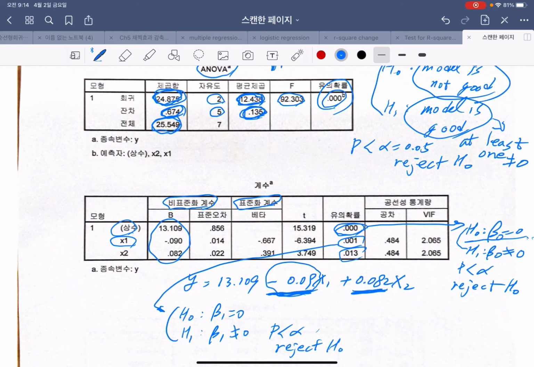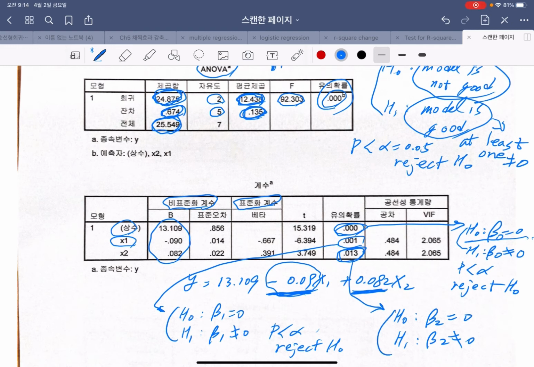Now, what about this one? In this case, the null hypothesis is about the coefficient of the x2 independent variable. So beta 2 is equal to 0, and the alternative is beta 2 is not equal to 0.